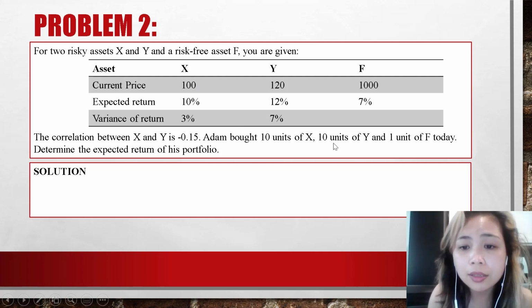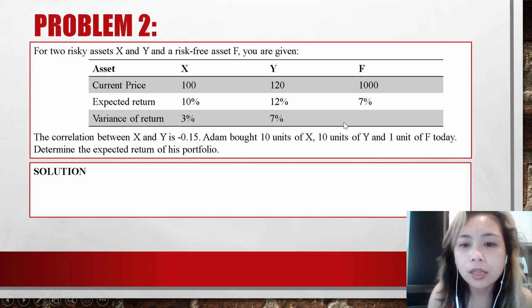Similarly, we have 10 units of Y, and the current price of Y is 120, so the amount of money that we invested in Y is 1,200. And similarly, we invested 1,000 into F.